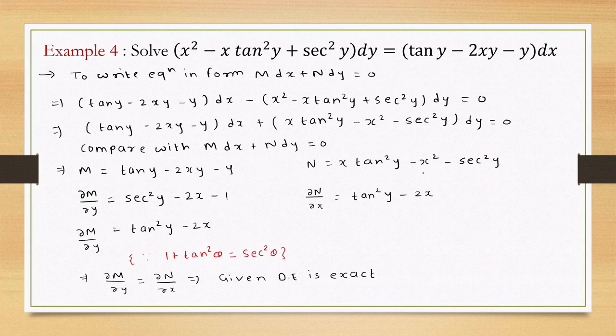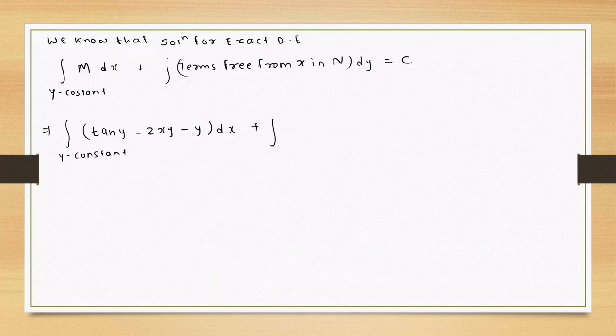The terms with x we have to neglect. Now just the remaining is minus x square y. So we just have to write minus x square y dy is equal to some c.